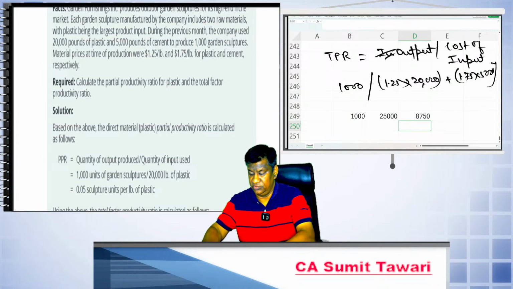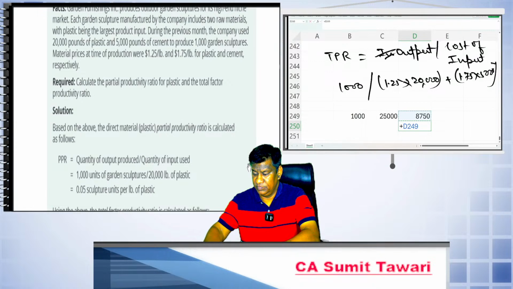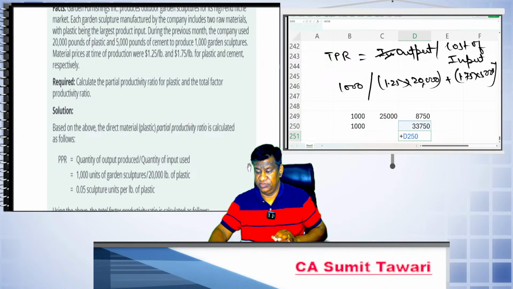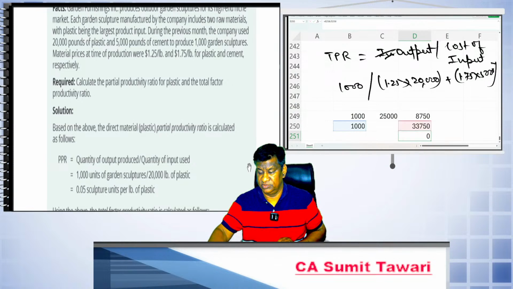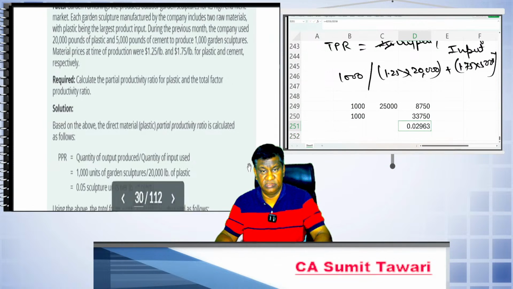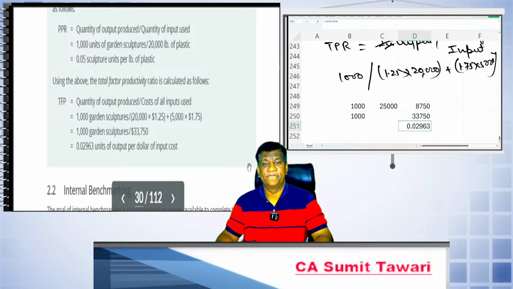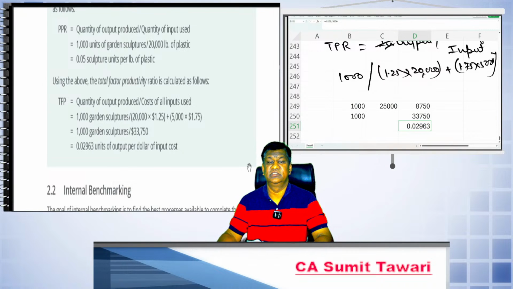So in total cost is basically this plus this, and the output is 1000. So TPR is 1000 divided by 33,750. It is 0.02963 unit of output per dollar input cost.